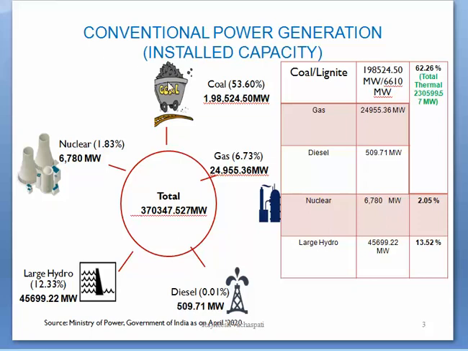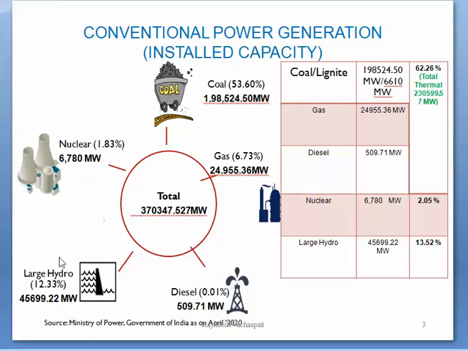It is very much clear that the majority of electricity in India is produced by coal, which contributes more than 50% of the total power generation.